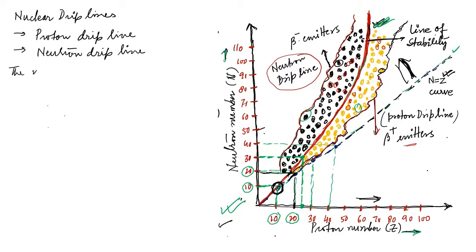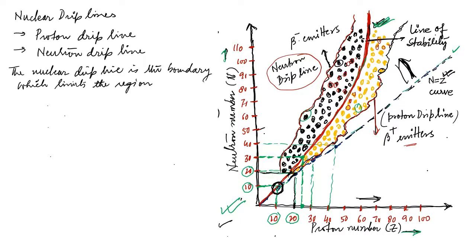The nuclear drip line is the boundary which limits the region beyond which atomic nuclei are no longer stable.